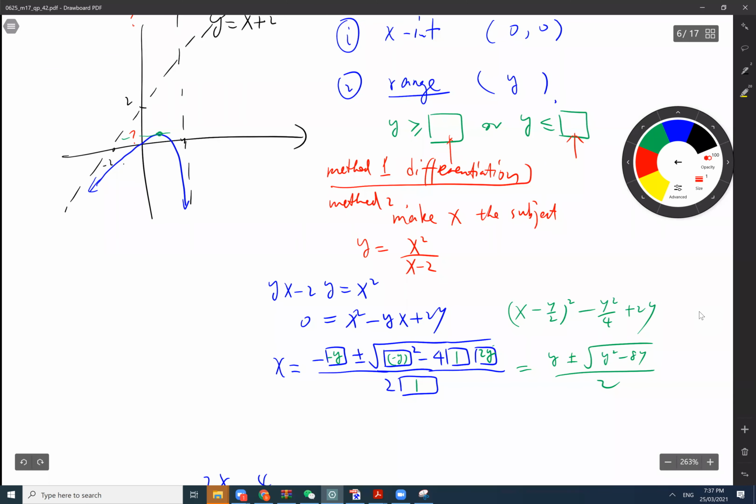Oh, now we have something. Inside the square root, we need it bigger than or equal to 0.